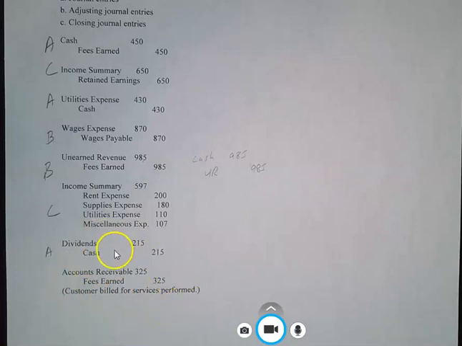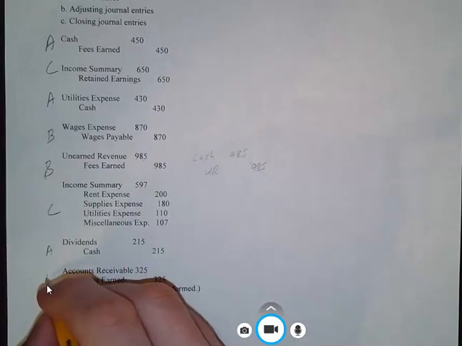This one's a little bit tricky here because this could actually be either A or B. Okay, if we didn't have this bit of information here, then the answer would probably be A. But because we have this little tidbit of extra information here, what we're saying is we earned some revenue, and then during the billing process at the end of the period, we said, okay, you know what, we've actually earned this $325. So when we bill that to the client, at that moment we have an account receivable for $325. So our answer here is going to be B.